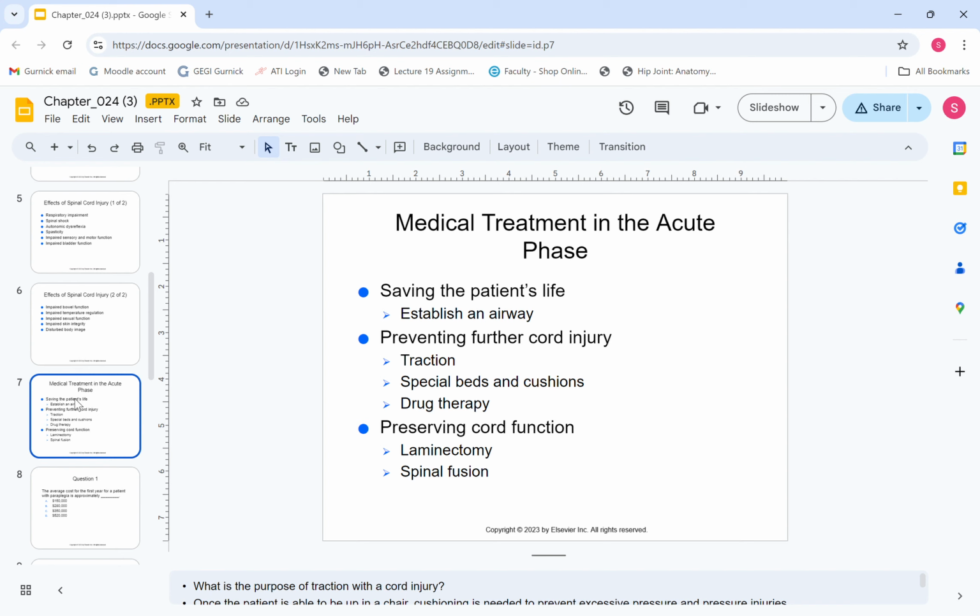This bed will rotate to one side, rotate to the middle, and then rotate to the other side, kind of mimicking turning a patient. This will take pressure off the different sections of the person's body, the left side, middle side, and right side. So basically this bed turns the patient for you.